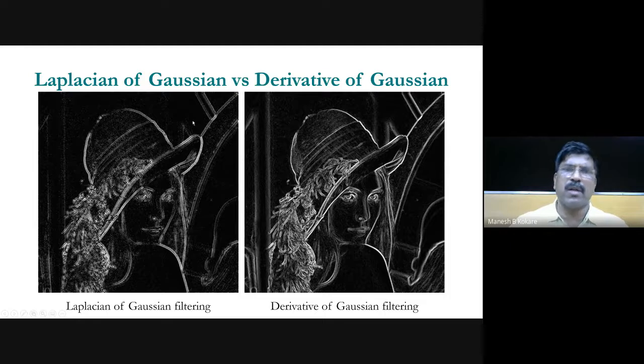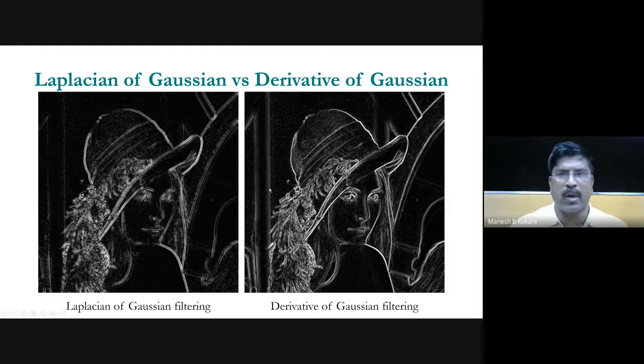Now see the output of Laplacian of Gaussian versus difference of Gaussian. It is almost equal. Almost equal you get, but as I told you, computation complexity is less in difference of Gaussian or DOG operator as compared to LOG operator.